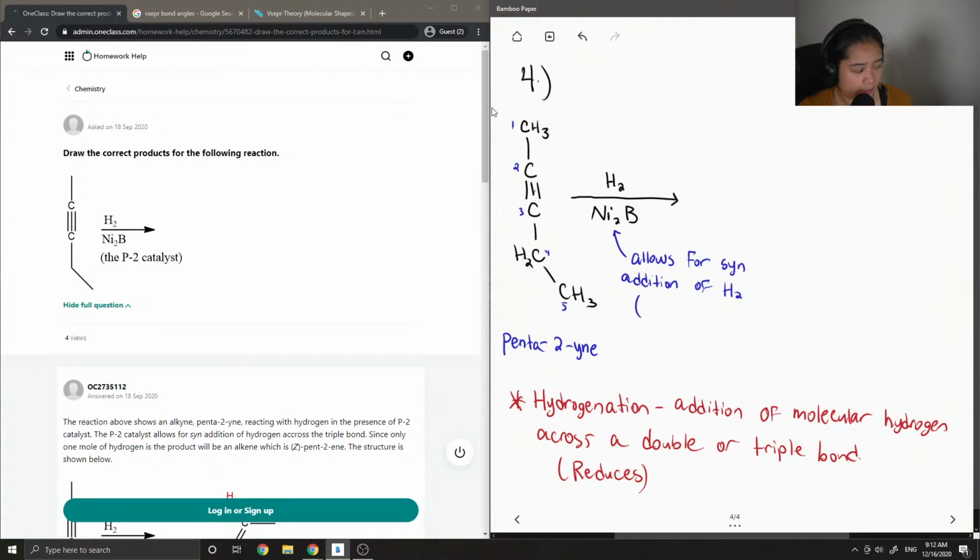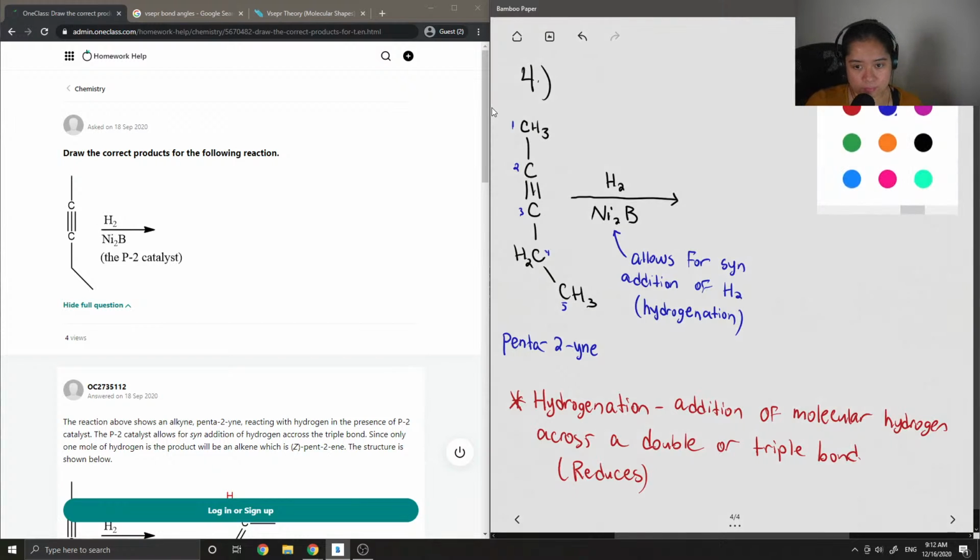So the way that I like to remember is that syn starts with an S and same side starts with an S as well. So yeah.